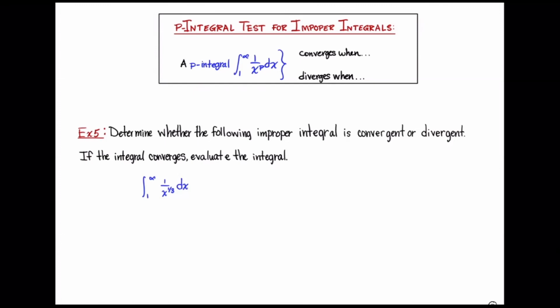So when p is greater than 1, and diverges when p is less than or equal to 1. And this is the definition that your book gives, but I'm okay. This lower bound doesn't have to be 1. It can be any value, we'll call it a.